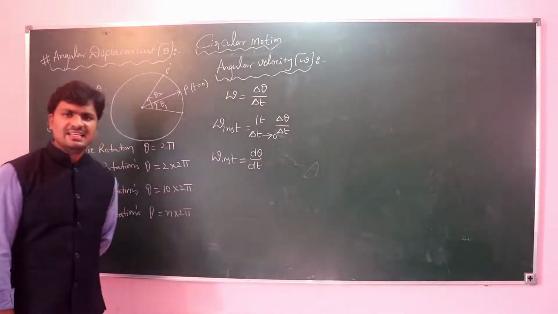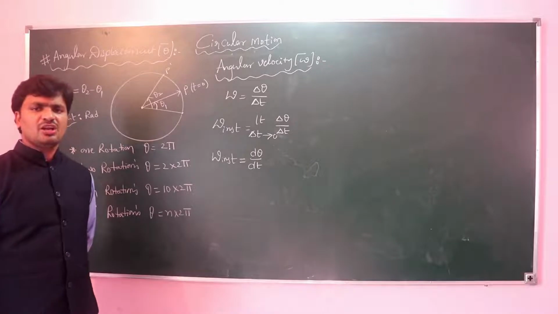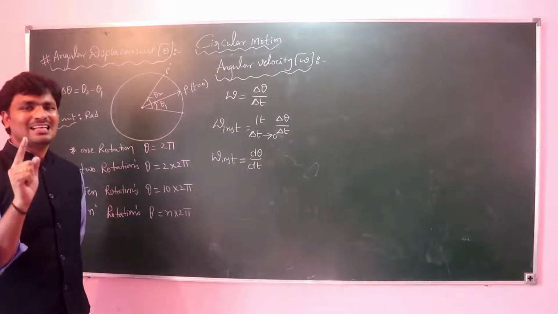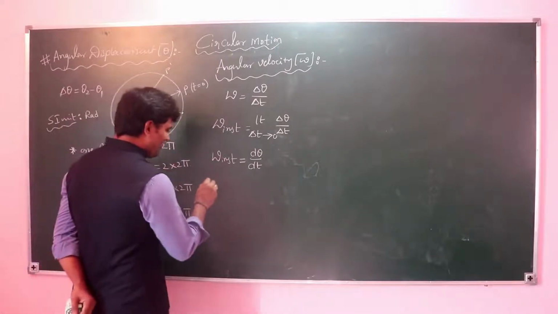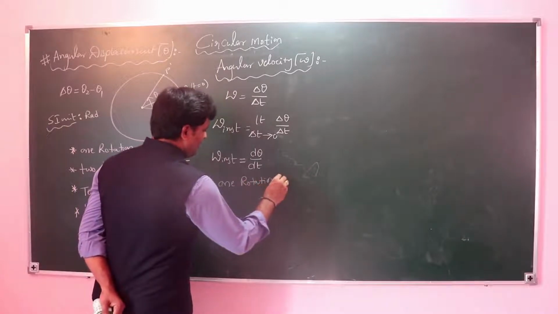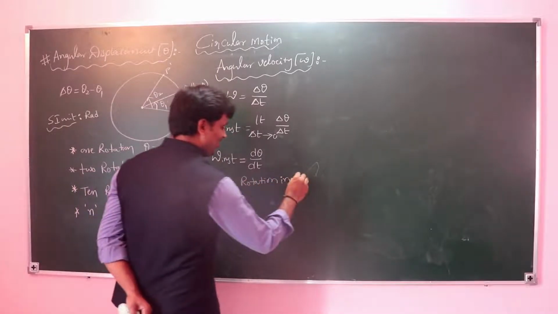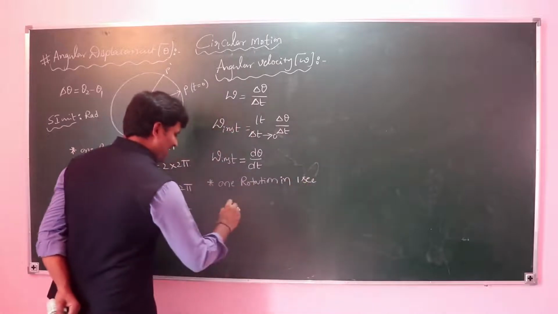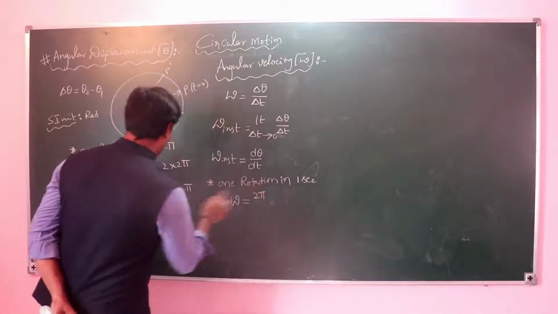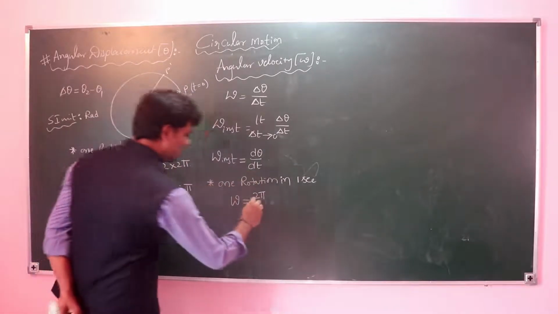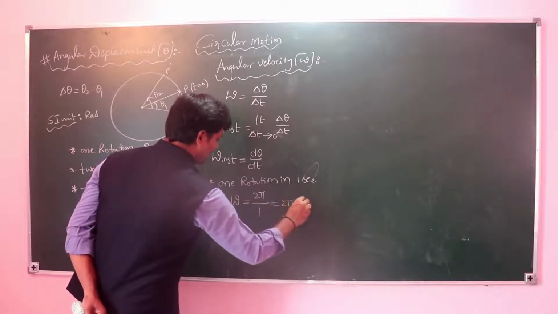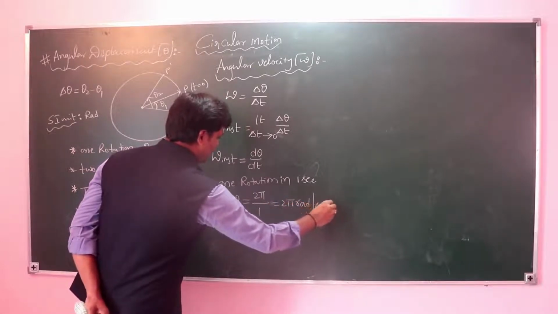If a particle is completing one rotation in 1 second, that 1 second is called the time period. Then what about the angular velocity? One rotation is 2 pi, in 1 second, so the angular velocity is 2 pi radian per second.